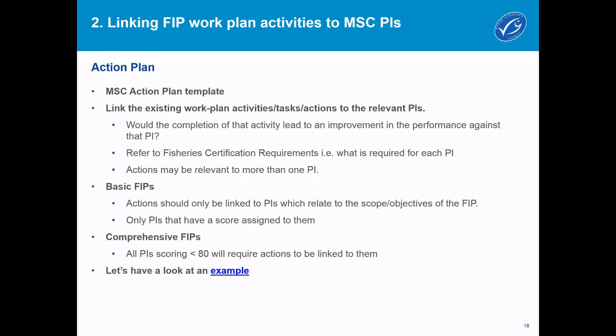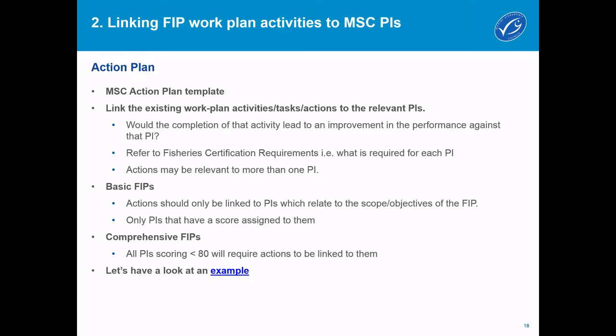The way to do that is to ask yourself the question: will the completion of that activity or task lead to an improvement in the performance against that performance indicator? If the answer is yes, then you can link it to that PI.